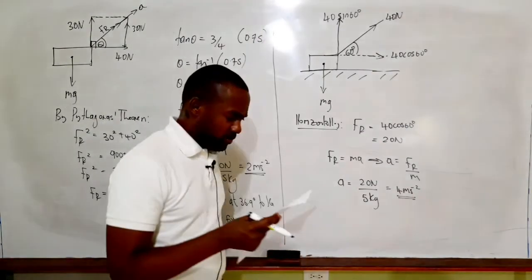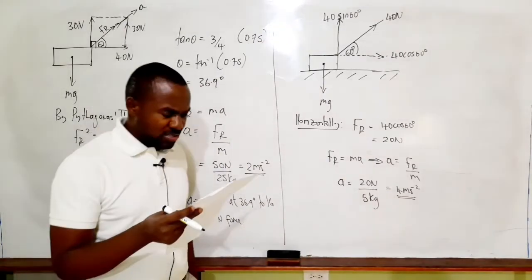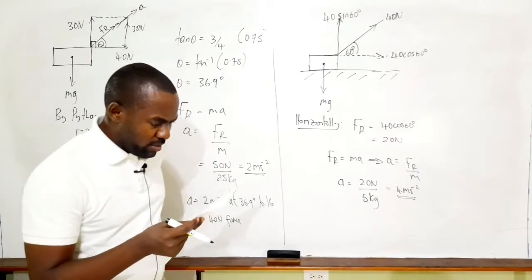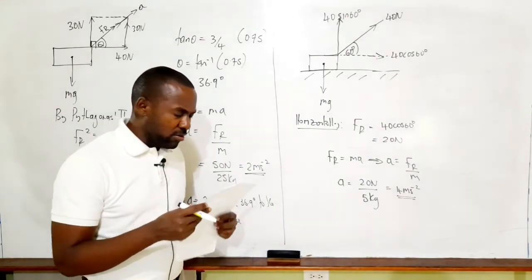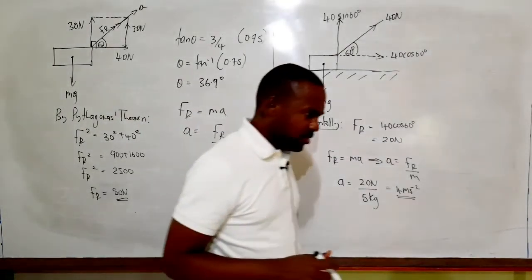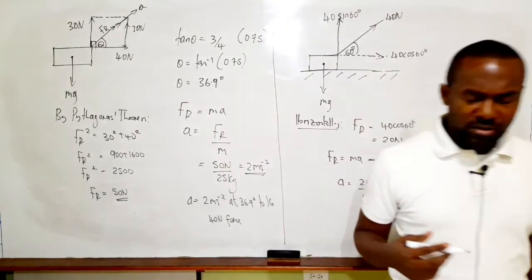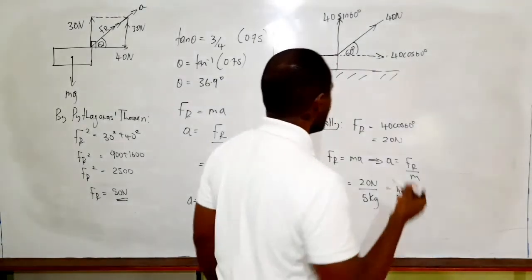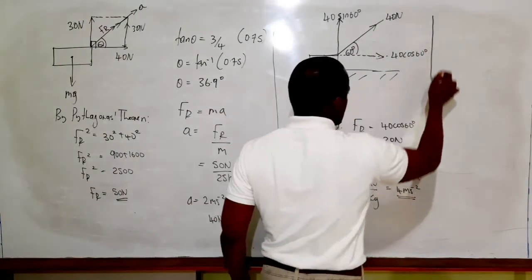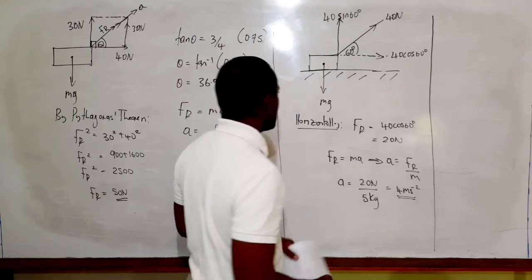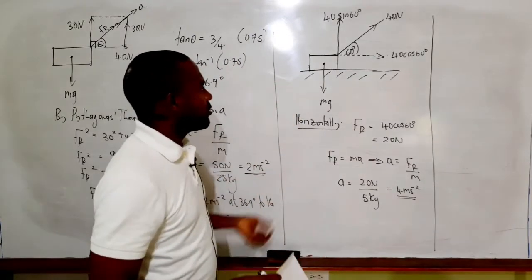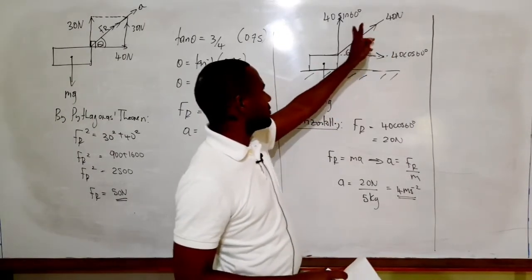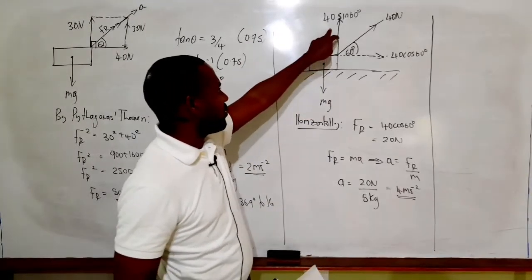Now, the second part of the question wants us to find the force the body exerts on the ground. To find this, we have to consider what is happening in the vertical direction. Now let's examine the vertical forces. So we have the vertical force, the weight, mg, and of course we also have a component of the 40 newton force acting vertically upwards of magnitude 40 sine 60.